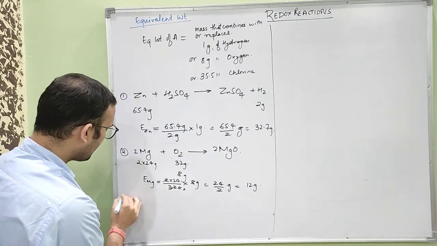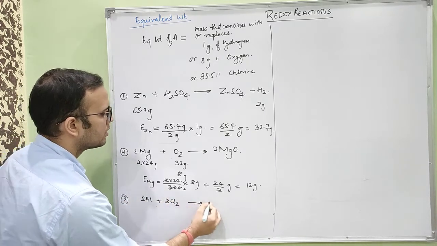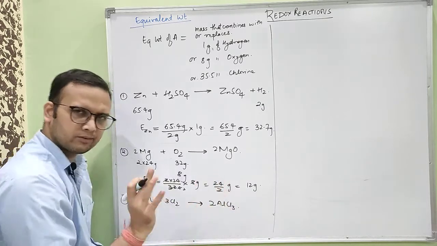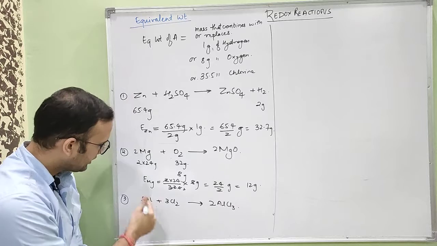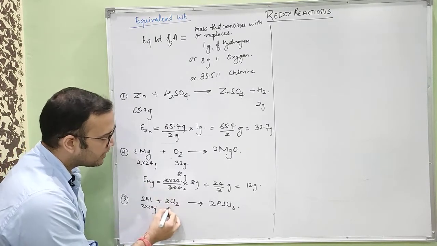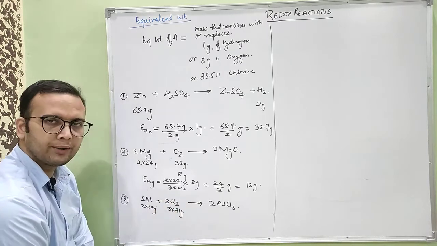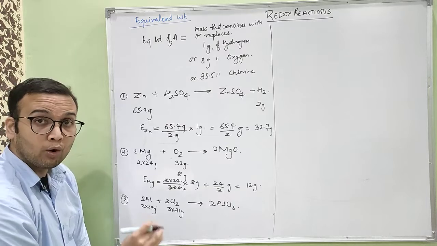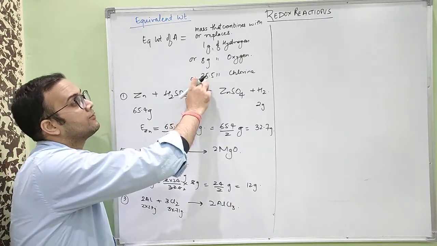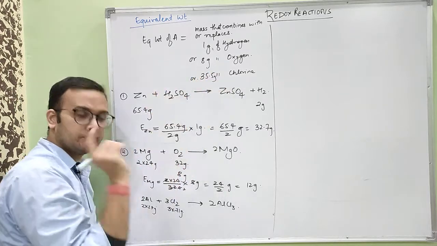Third one, let's take an example of 2Al. I am already writing it to be this. I have already balanced it for your convenience. We can see that 2 into 27 grams of aluminum are combining with 3 into 71 grams of chlorine. According to this definition, we want to know how many grams of aluminum are combining with 35.5 grams of chlorine.